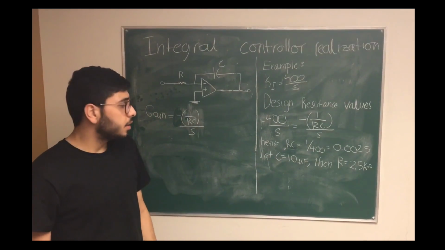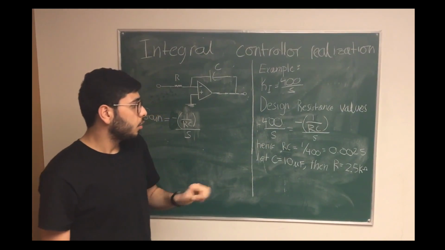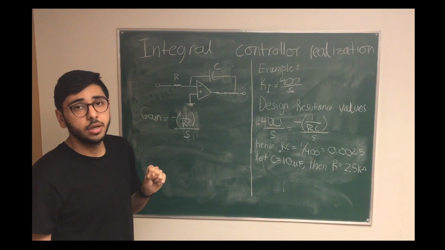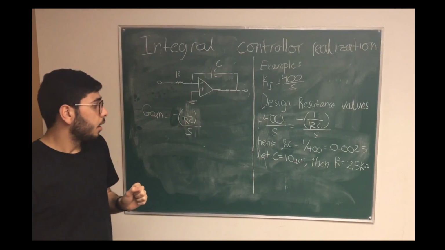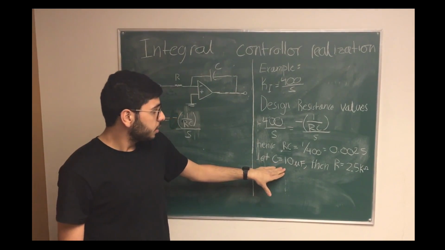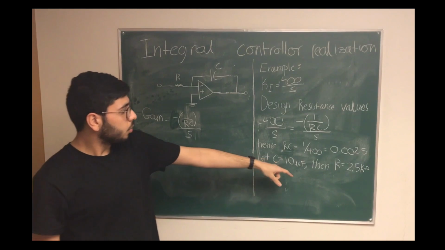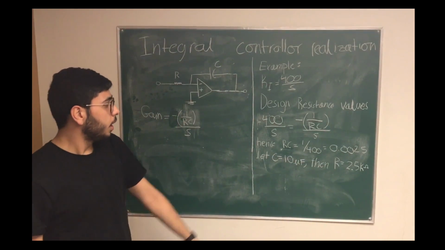So at this point, we can design either a resistance value or a capacitor value in order to get this number. We decided to design our capacitor value, which we gave a value of 10 microfarad. And when you do insert this, it means that our resistance value has to become equal to 2.5 kilo ohm.